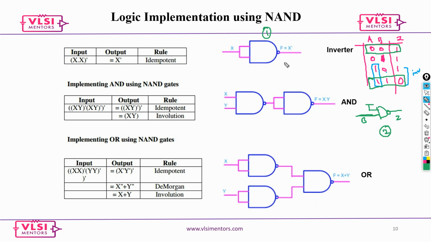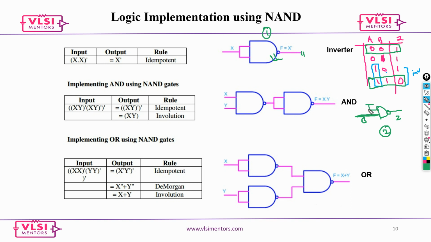Both of them are actually the same thing. You have a NAND gate and the output you wanted is an inverter. But the way you implement it differs: one is shorting both the inputs, and the second is connecting only one of the inputs to VDD.